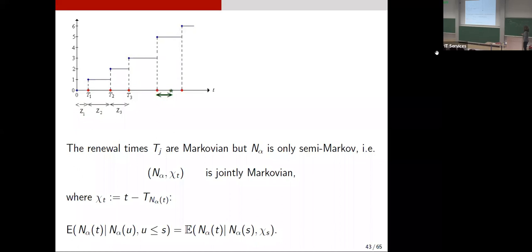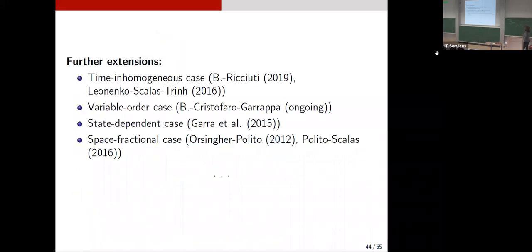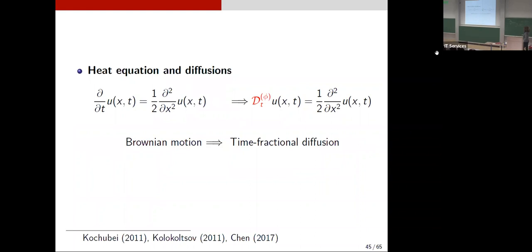Okay. So, of course, there are many other extensions of these processes, but I will not go into details now, since I want to move to the other model, which I introduced at the beginning, which is the Brownian motion, and so I go back to the heat equation now.